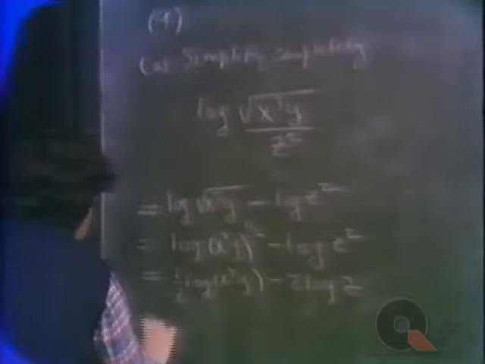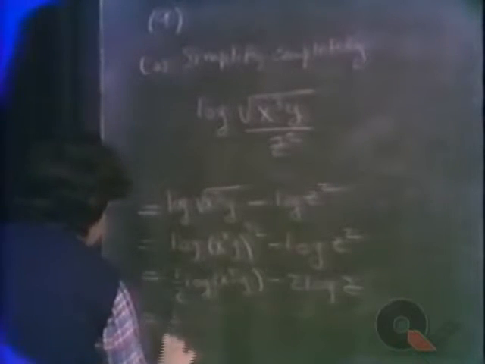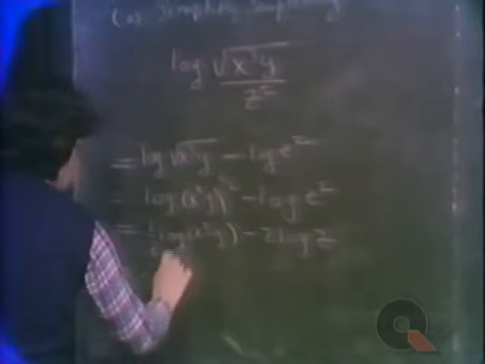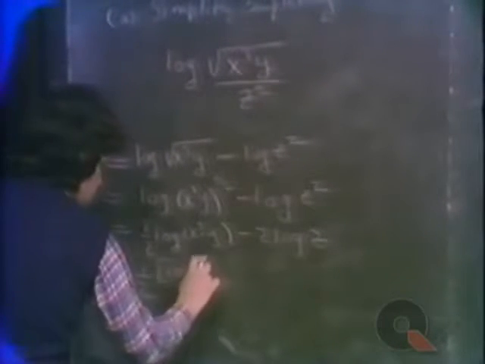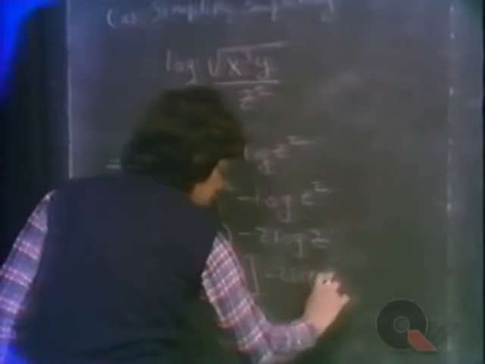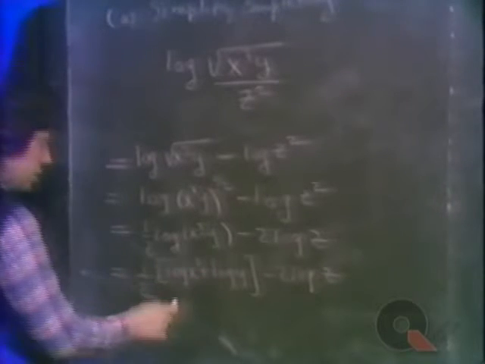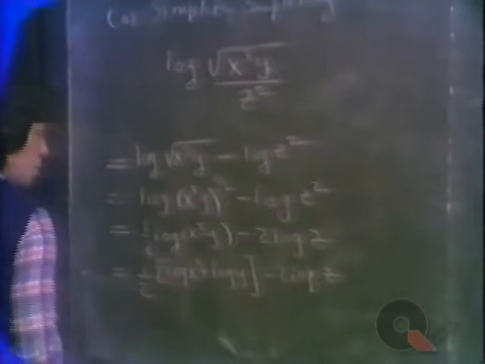Then I want to use the property that says the log of a product is the sum of the logs of the factors. So this is 1/2 the log of x cubed plus the log of y, and minus 2 log z. Don't forget to keep the 1/2 out in front. It has to be distributed through the parentheses. The last thing I want to do here is bring the 3 from the log of x cubed down in front as a coefficient.